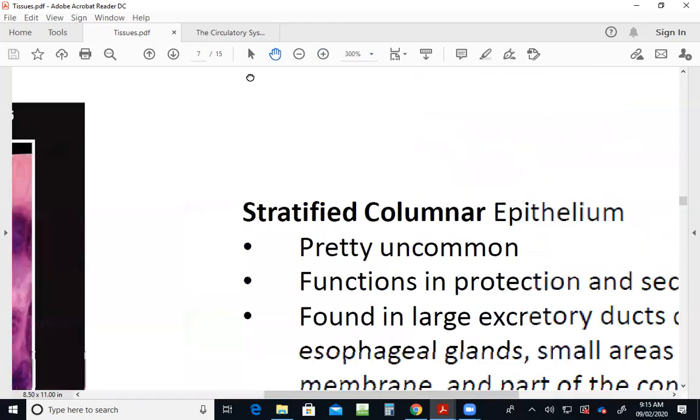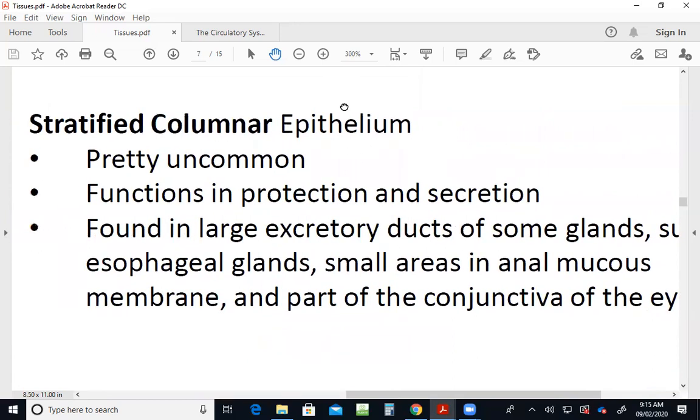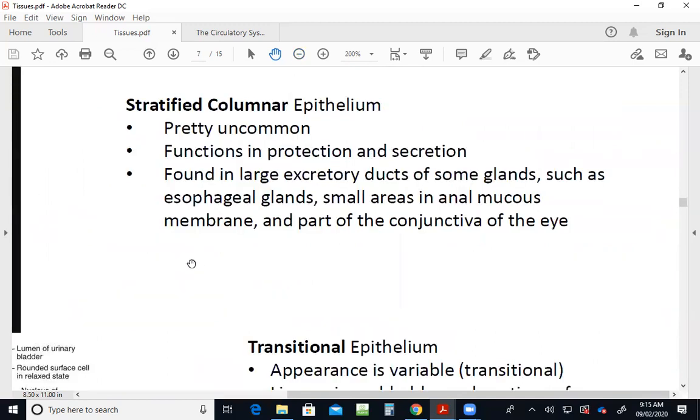Similar to stratified cuboidal in that there's not a whole lot of examples of this in the body, pretty uncommon. Stratified columnar. It is multiple layers of tall column-shaped cells. Find it in large excretory ducts of some glands, like the esophageal glands.